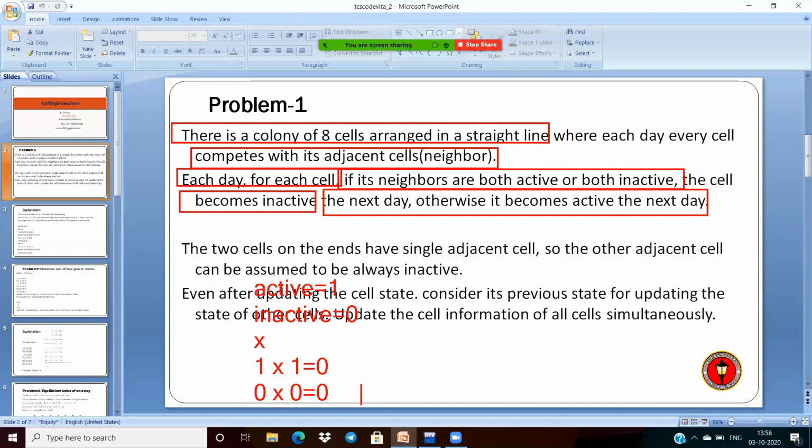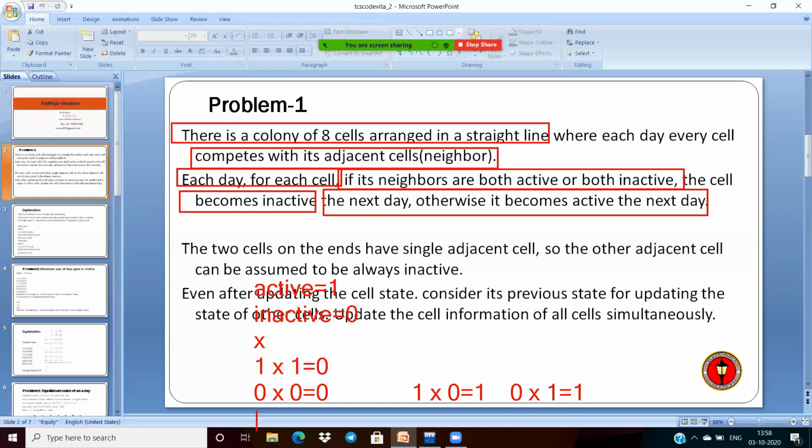And if the neighbors are 1 and 0, the cell will become 1, and likewise 0 and 1 will also become 1.